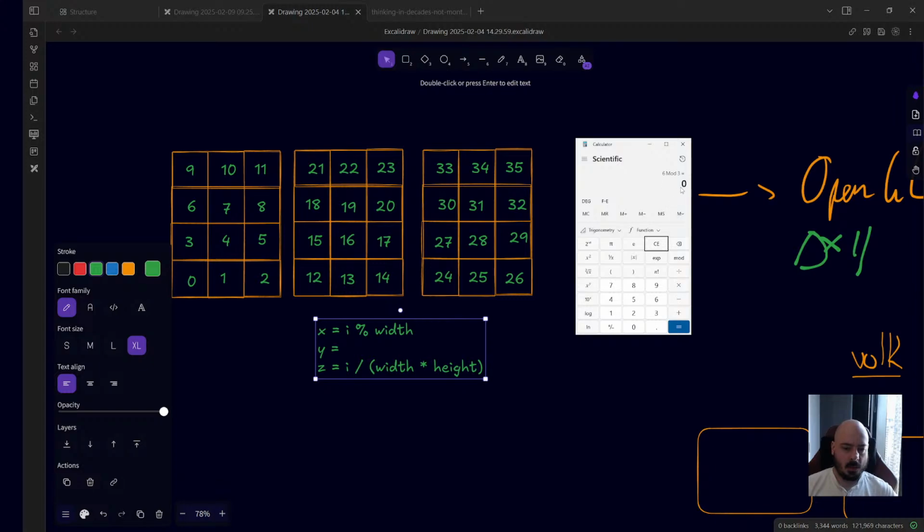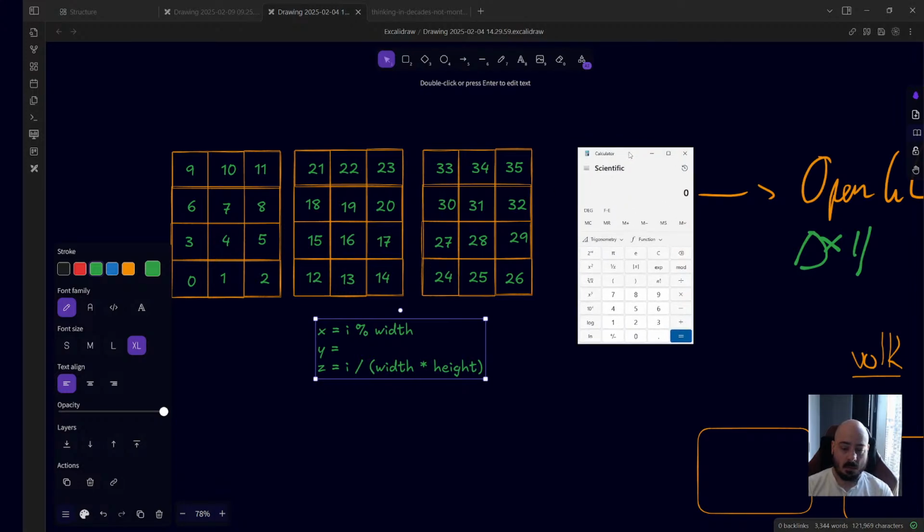So that mod doesn't tell us anything about the height, right? But 3 divided by 3 is 1, and 6 divided by 3 is 2, and then 9 divided by 3 is 3, right? So basically we just divide it by the width, I guess.